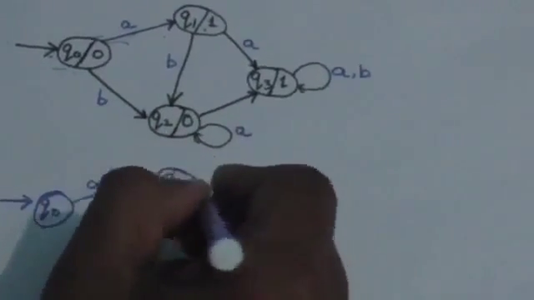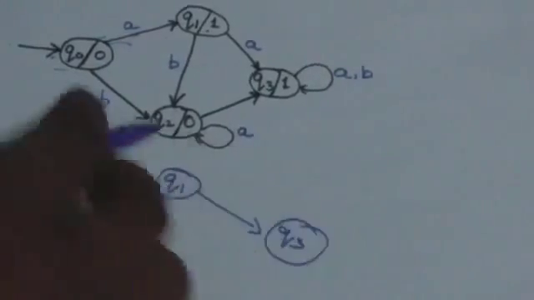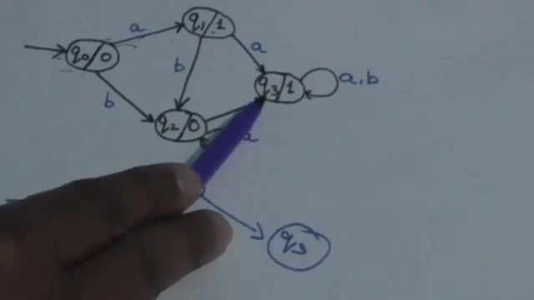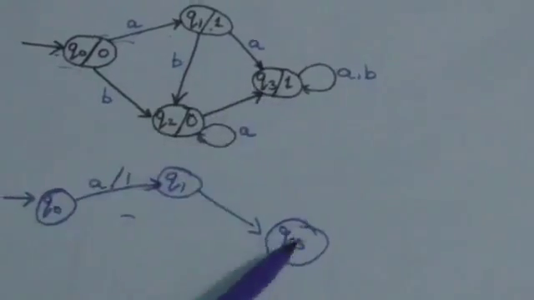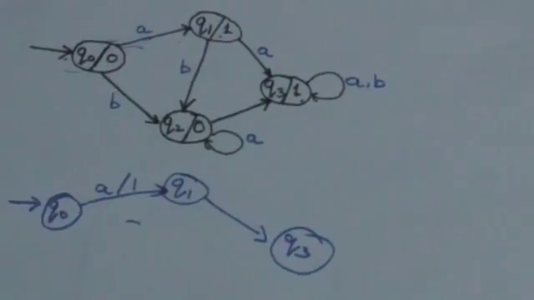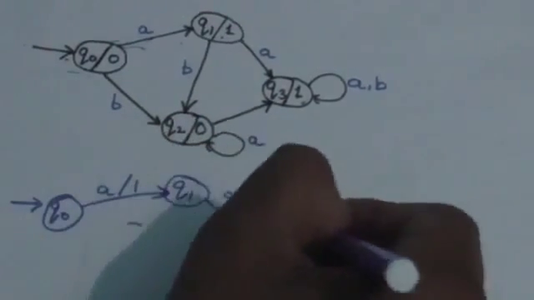Now same way, remove the output symbol from this state and label the incoming edge with this output symbol along with input symbol A1.